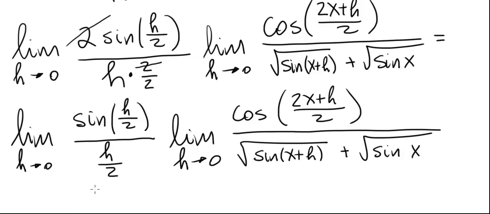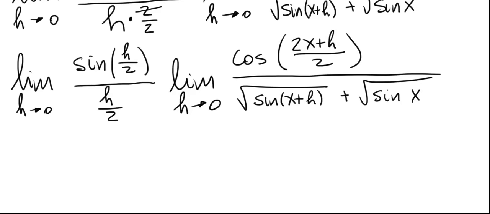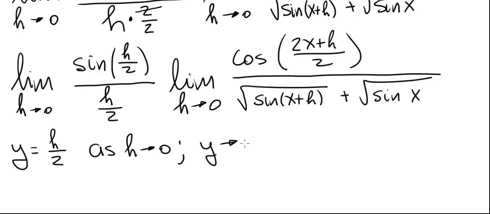Now, in the first limit, let's make the following substitution. We're just going to let y equal h over 2. Note that as h goes to 0, y also goes to 0.